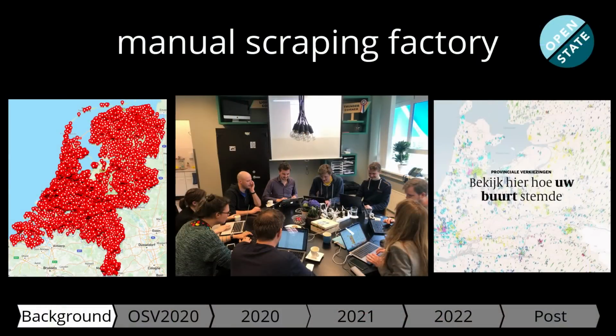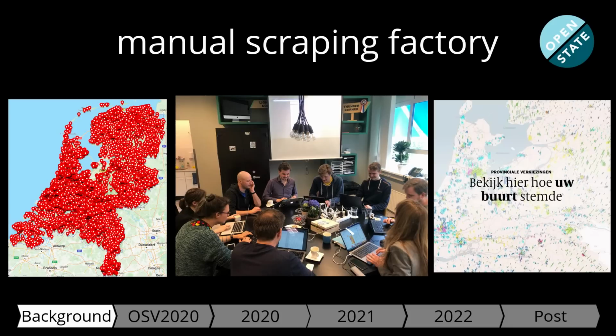And then I came to work for Open State in 2018, and they were scraping all this election data. They scraped all the polling station locations because it's not centrally available as open data, but they did that. And I started working there, and I was so annoyed by the election data also not being made available that we started doing that too.